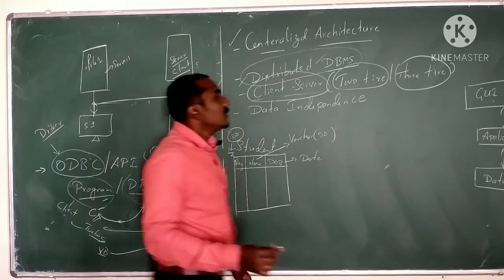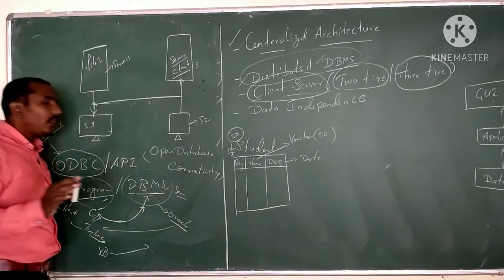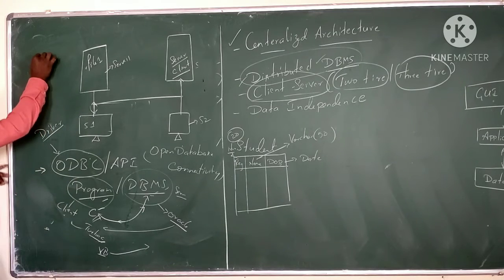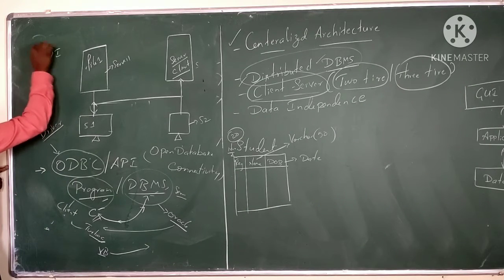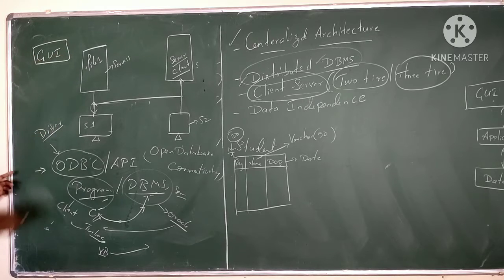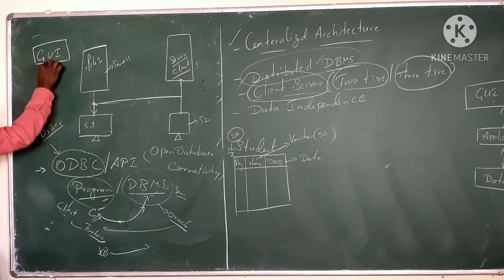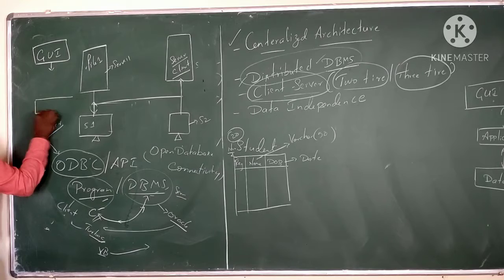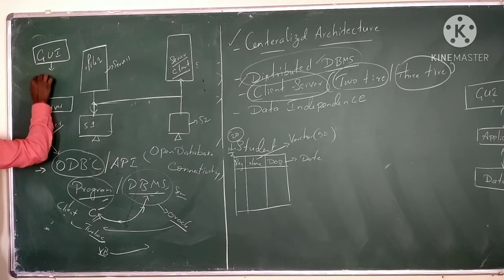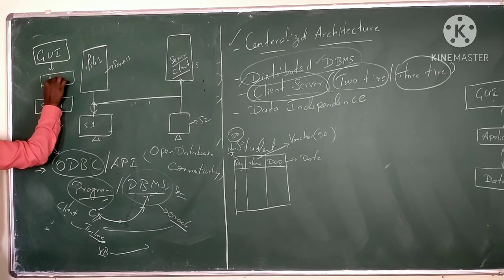Okay, so in 3-tier architecture you're going to have 3 levels. One is where you're going to have your external interface, the graphical user interface, and then it will be followed by the server. In between that you're going to have the application.